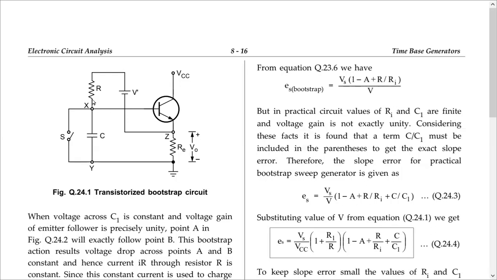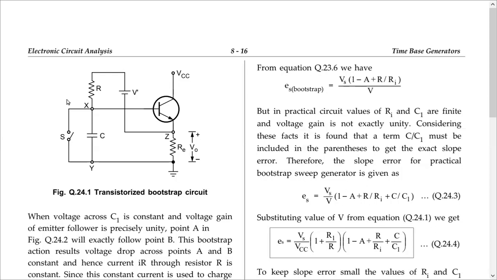If you connect it directly, you cannot force the same current through the capacitor, so linear charging, which generates time-base signals, will not be achieved. So virtually we are connecting a voltage source across the resistor R, and we know the current will be V dash by R, in this case a constant current. Now that constant current, when it comes here, has paths.